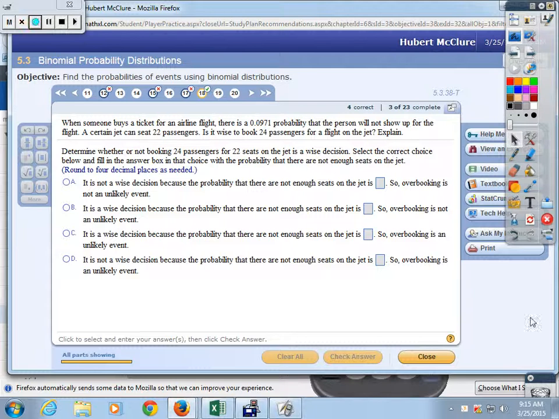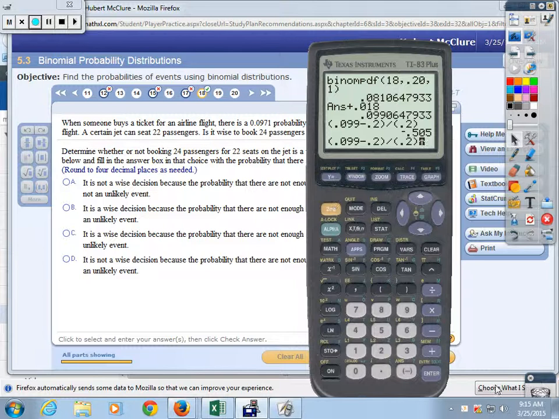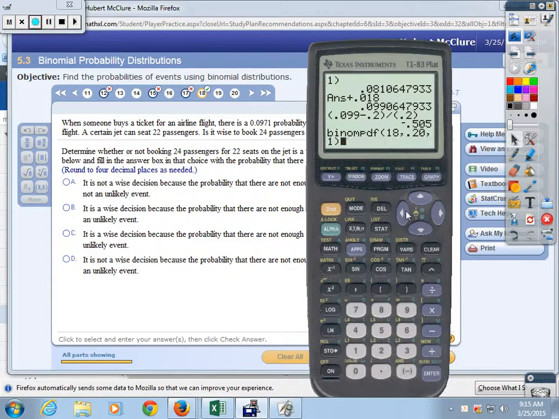So take your handy dandy calculator. And let's do second function, enter, second function, enter, second function, enter. There we go. So 22. And what is it?